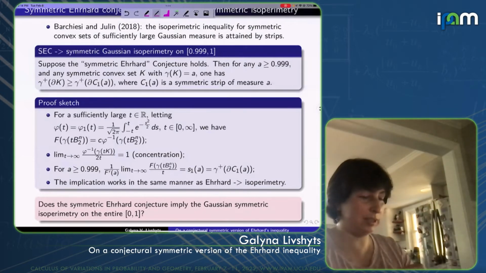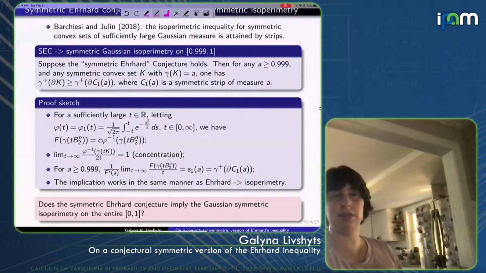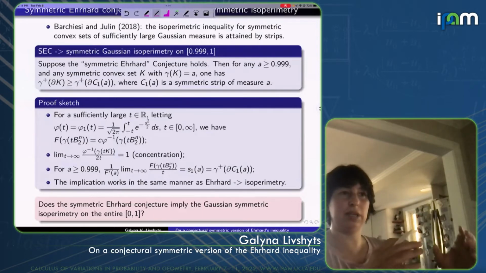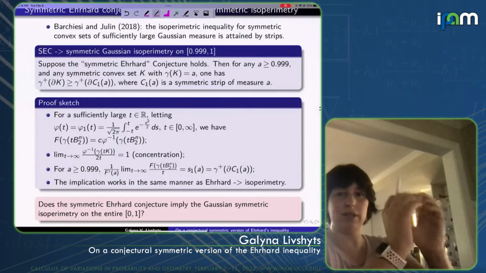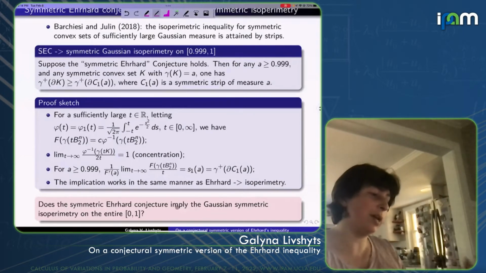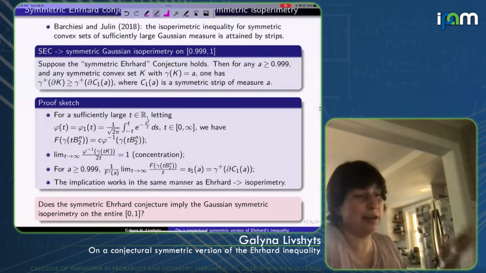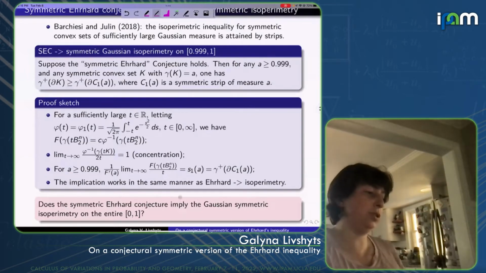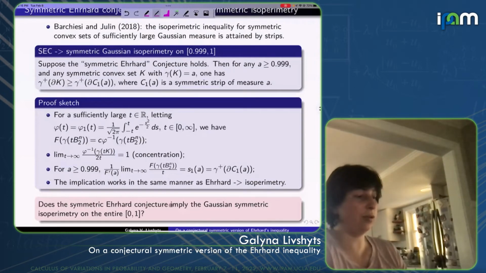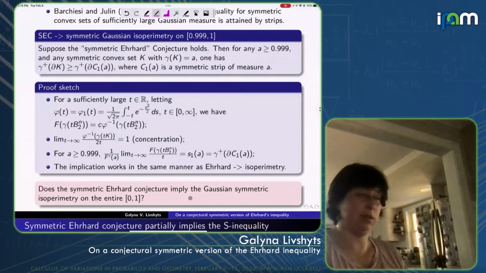Here we cannot add this parameter and let it go up, because we actually don't expect equality cases to hold for, let's say, any two round cylinders. The equality cases would only be round cylinders if they're near each other in the measure. There's some serious issue. I do hope that maybe there is some way to deduce it, but differently, via local form somehow. Unfortunately, I don't know how. So I don't know if the symmetric Ehrhard conjecture would imply the Gaussian symmetric isoperimetry in the entire range.